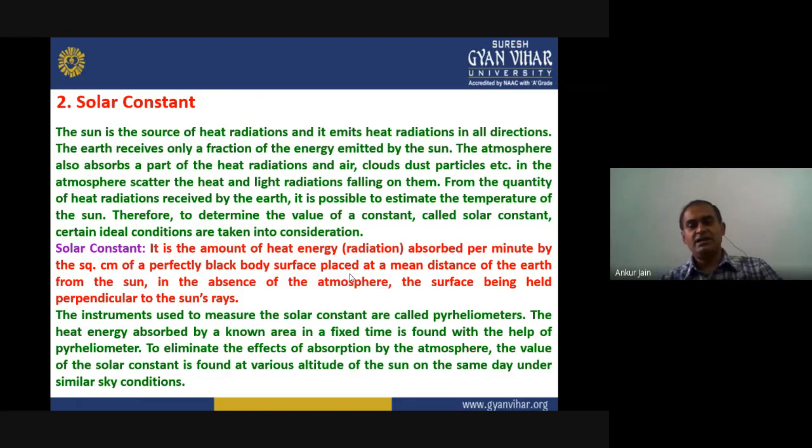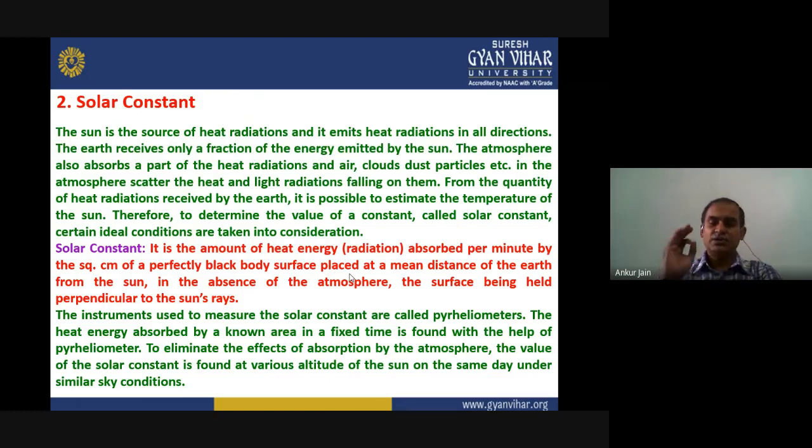And if there are more dust particles, that will also reduce the total radiation received by the earth. From the quantity of total heat radiation received by the earth, it is possible to estimate the temperature of the sun. We can calculate the temperature of the sun by the total radiation received by the earth. And for that, we need to measure the radiation amount.